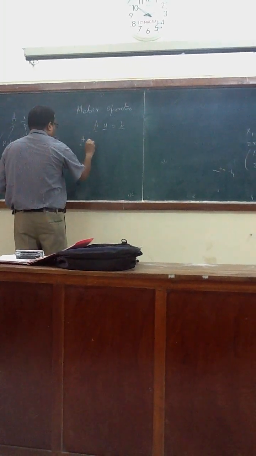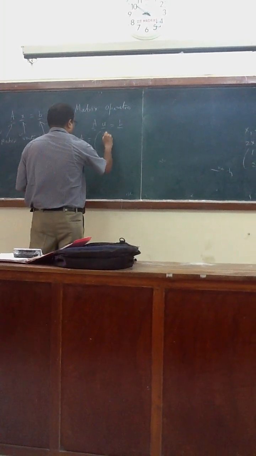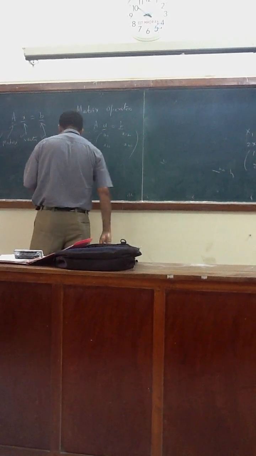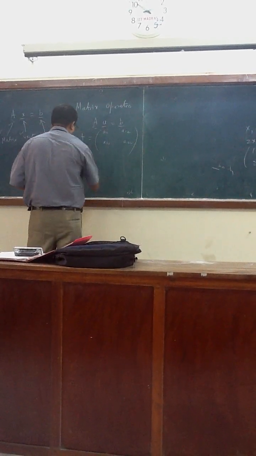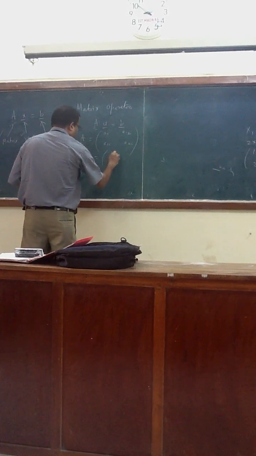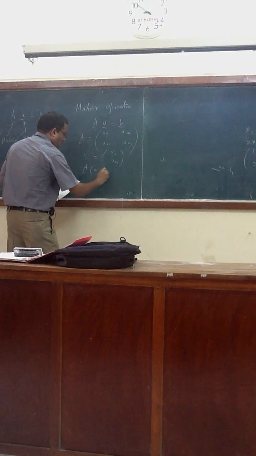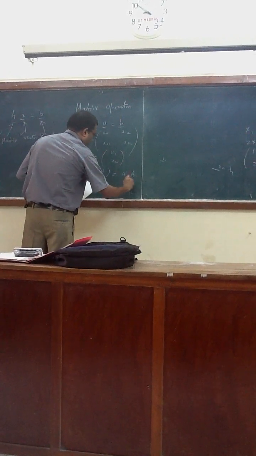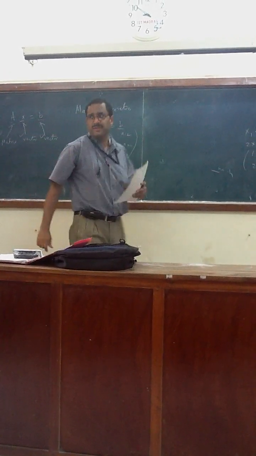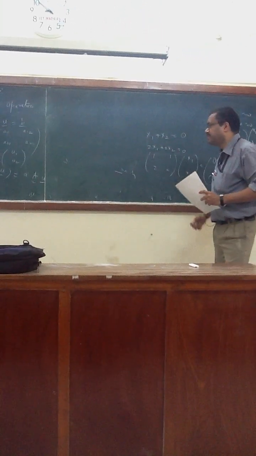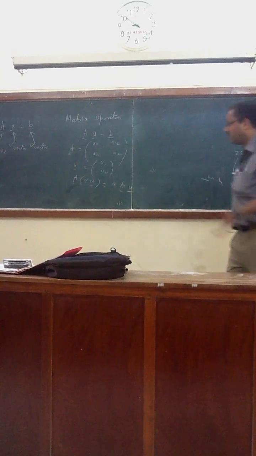If A is, for example, A11, A12, A21, A22, and the u vector is u1, u2, it is possible to prove A of alpha u equals alpha Au. Can you prove it? This is one of the operator properties.